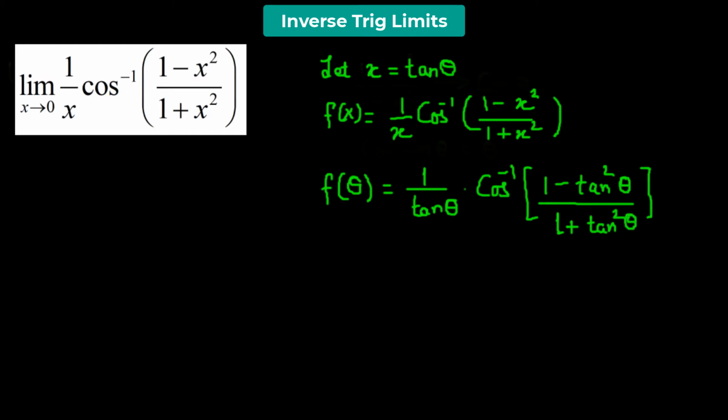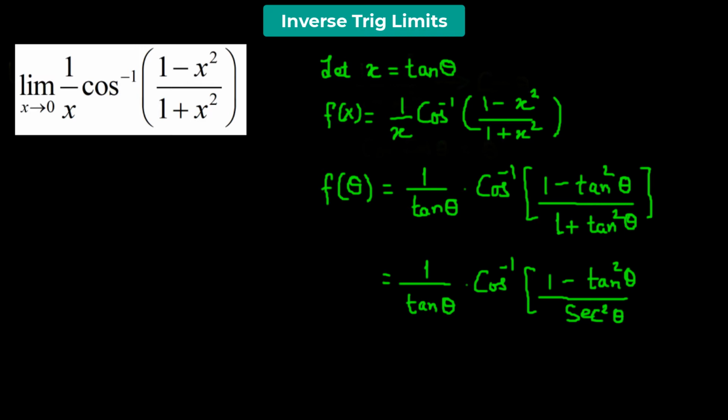Now we know that 1 plus tangent squared theta is an identity. So that is going to give us 1 over tangent of theta times cosine inverse of 1 minus tangent squared theta divided by secant squared theta. So we're using the identity that 1 plus tangent squared theta equals secant squared theta.